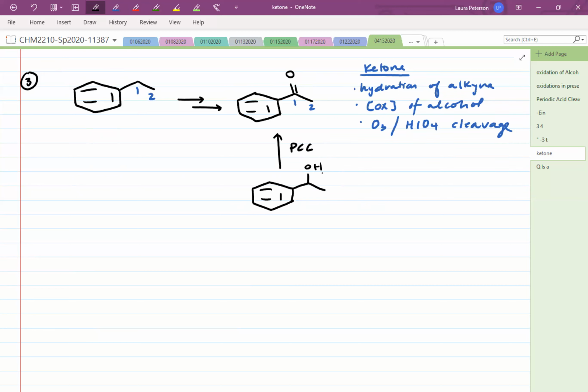Again, treat this starting material as essentially an alkane, because we don't touch benzene. So treat carbon 1 and 2 as our alkane, and the benzene just as a substituent. The first reaction we're going to do is the only reaction of alkanes that we know. So still it's going to be Br2 and light, and that's going to give us that benzylic bromide.